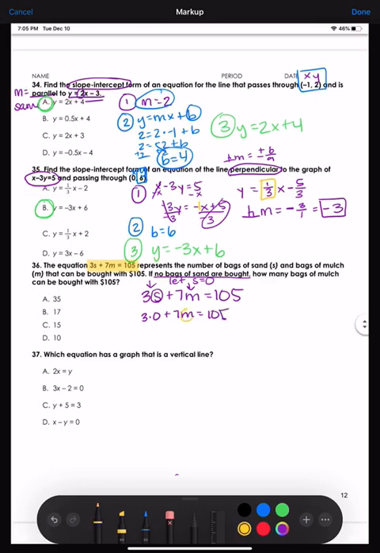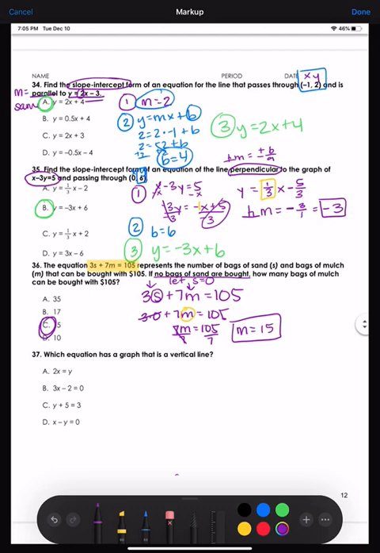That's what I'm solving for here. So 3 times 0 is 0. So I have 7m equals 105. When I divide both sides by 7, I get m equals 15. So that means I can buy 15 bags of mulch, which is C.